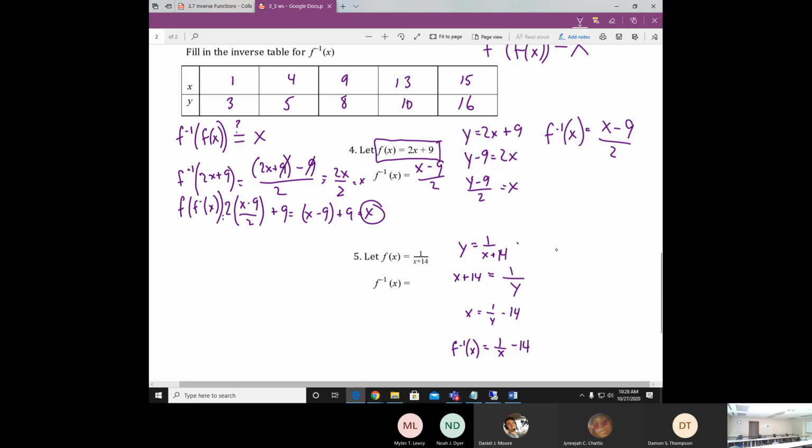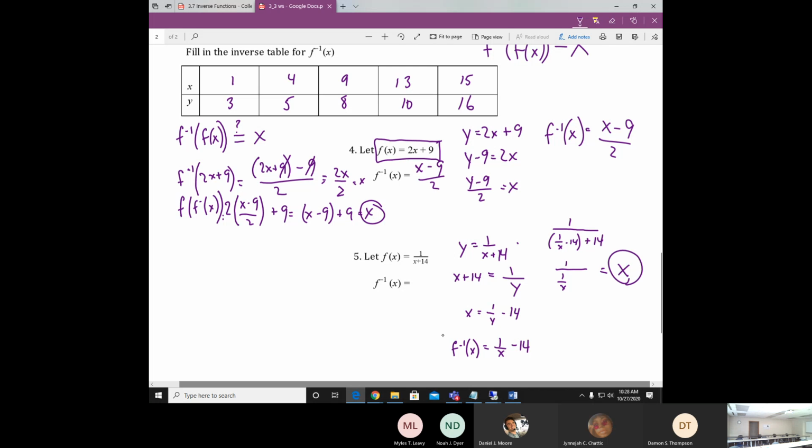Let's just show that just by practice. 1 over x minus 14 plus 14. See how I get 1 over x when the 14s cancel out, and 1 over x equals x.